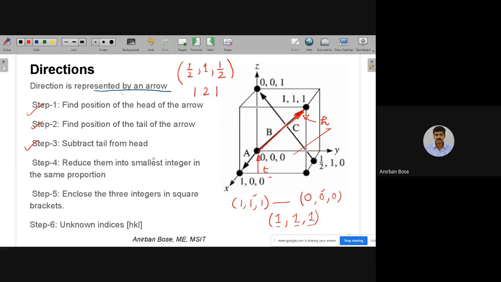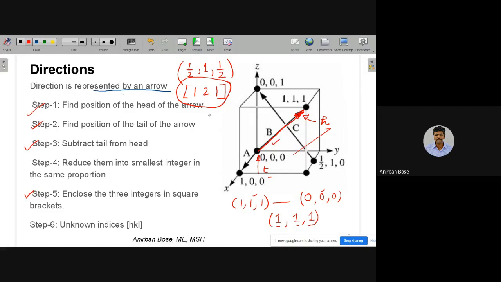And the final step, which is very important: do not put any comma between the numbers, and put them within the square bracket. Then this will be the Miller indices representation of this particular direction.